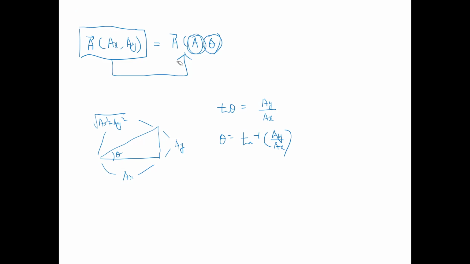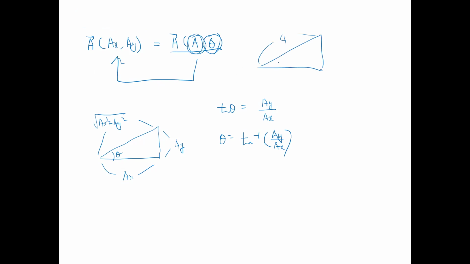And then our second question is, what if you know A and theta, how can you find AX and AY? That's exactly what we did. So if you know A and theta, that means this is A and this is theta. How do you find AX and AY, which are this and this?